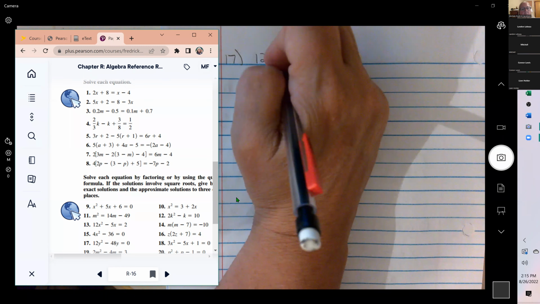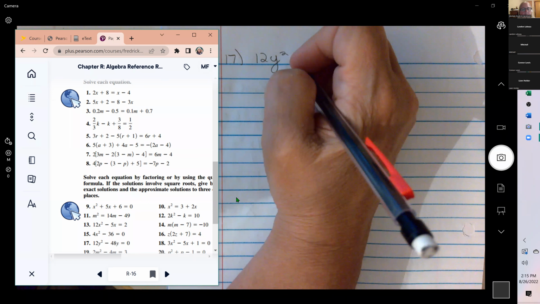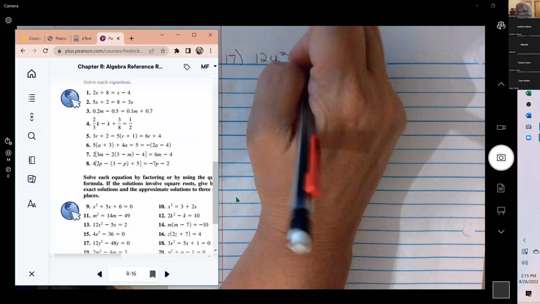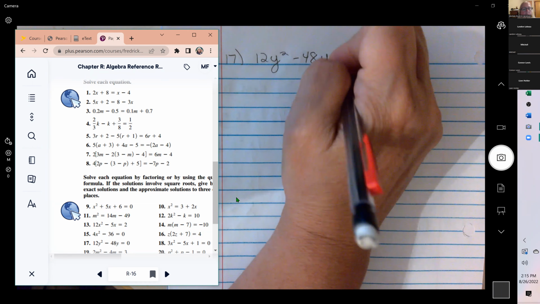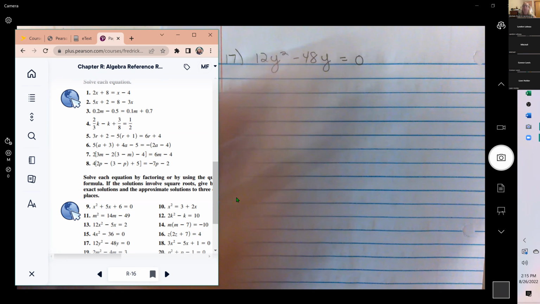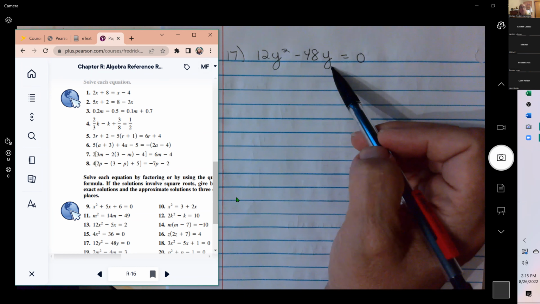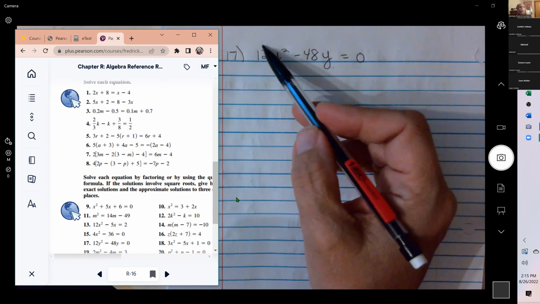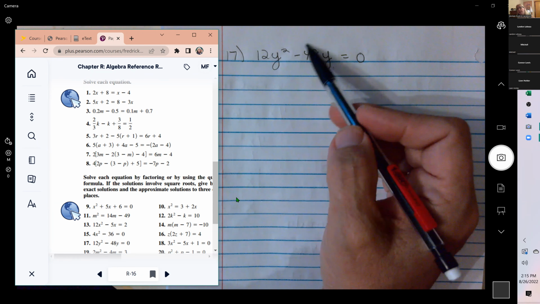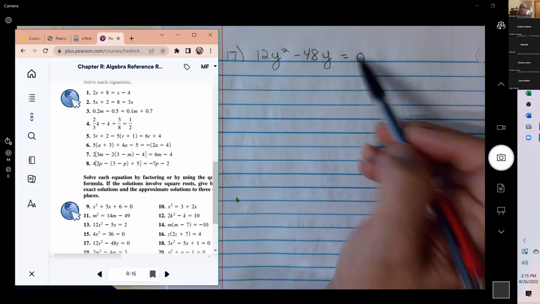Again, there's a lot of ways you can do it. 12y squared minus 48y equals 0. Square root method is not one of them because it has a y term. You could use the quadratic. This would be your a, this would be b, and c would be 0.